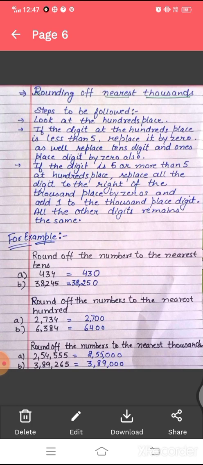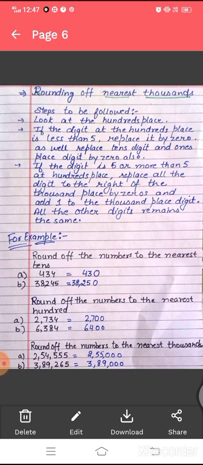Let us take an example and understand the concept of nearest thousand, nearest hundreds and nearest tens. First, we have to round off the following numbers to the nearest tens. The number given is 434. We have to look at the ones place.